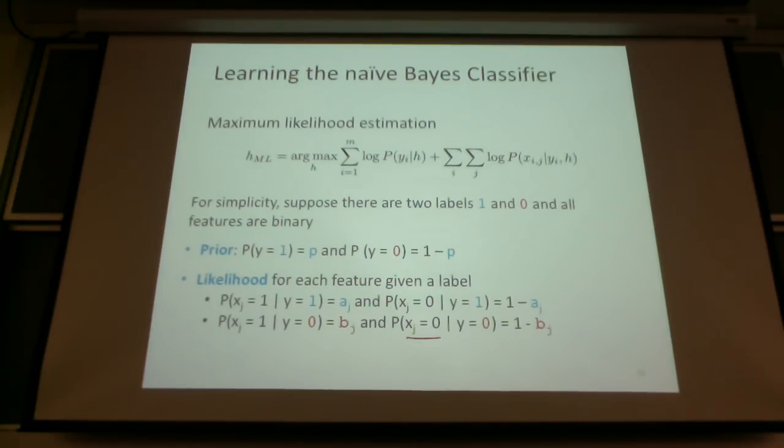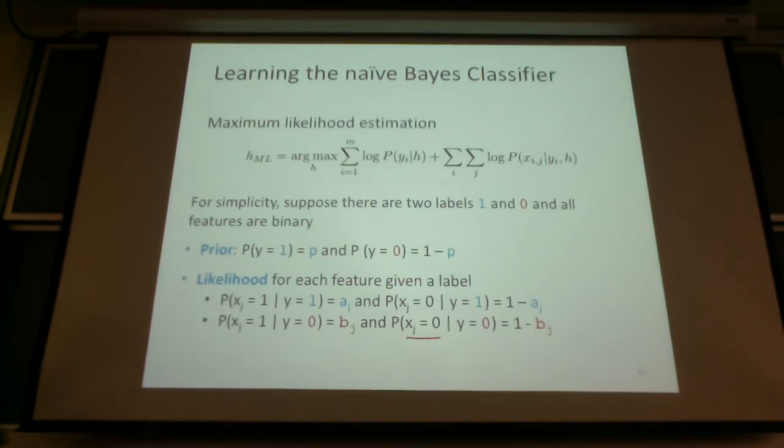So we have made this assumption that our features are Boolean. As a result, we can say that all our probability distributions are basically like coin tosses. So the prior is completely characterized by this one number p. The likelihood consists of two sets of numbers, the a's and the b's. A is a vector, right? It's like a collection of one for each feature.